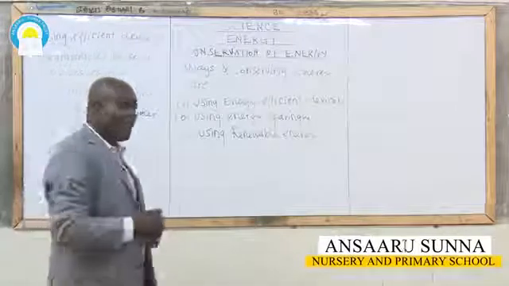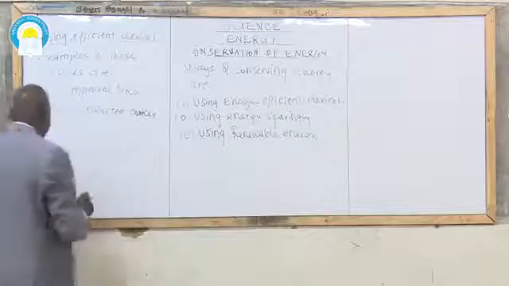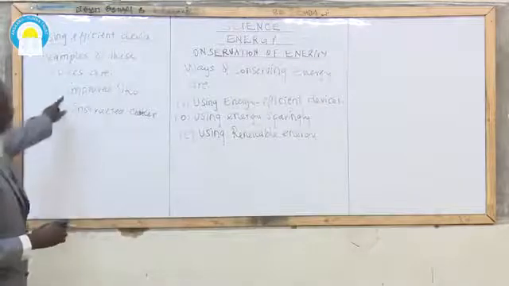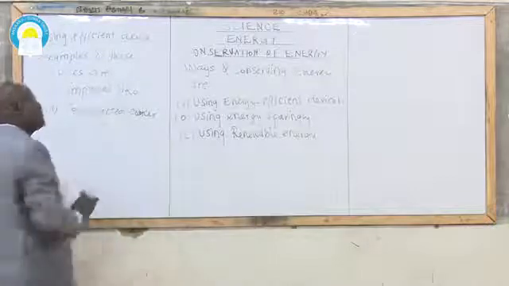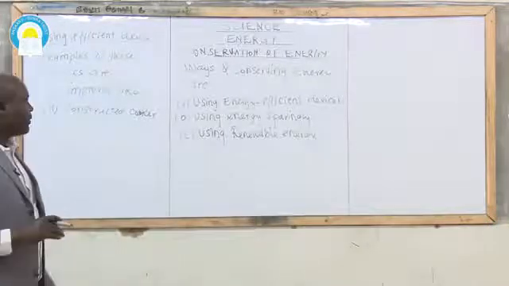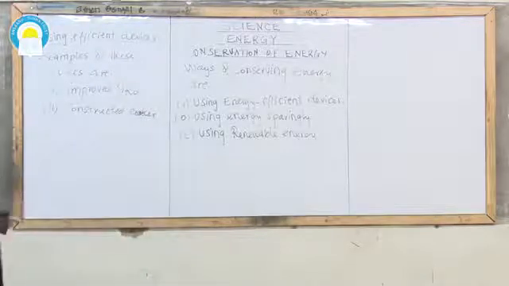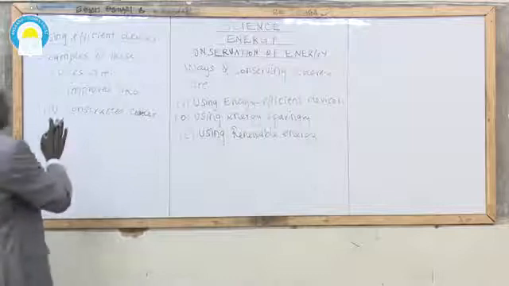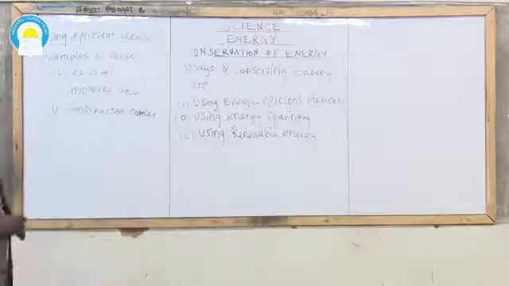But if we can move ahead, remember this part has been brought in exams many times, like in KCP. Under the improved jiko, in KCP 2016, number 33 was about which part of the improved jiko helps to conserve energy.